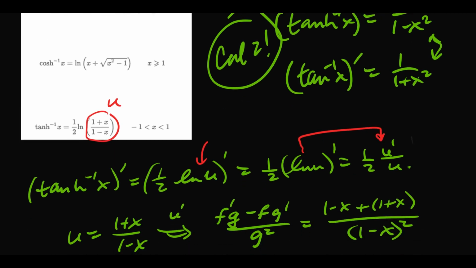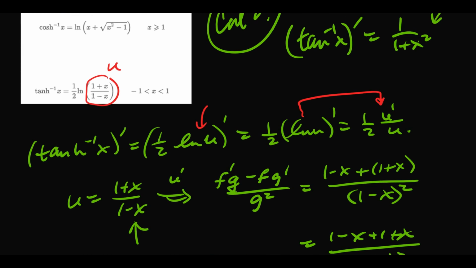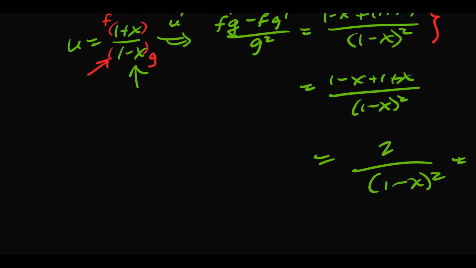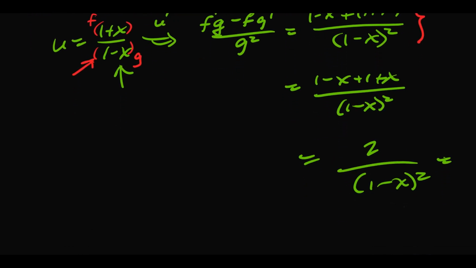So when I do that, the u is 1 plus x over 1 minus x right here. And u prime, we have f on top and g on the bottom, right? All this is g and all this is f. When I do the derivative, I'll let you pause the video and walk through that, I get this here, and then I simplify it, and it becomes 2 over 1 minus x quantity squared.